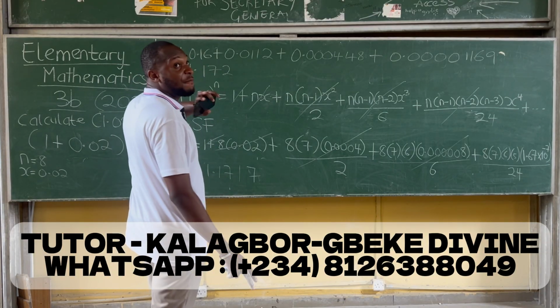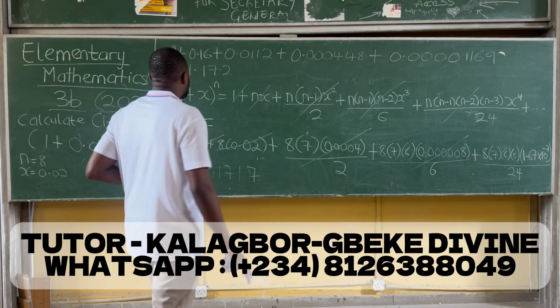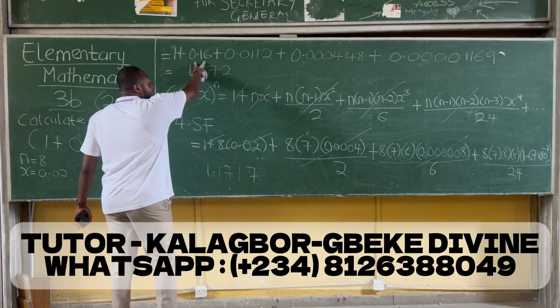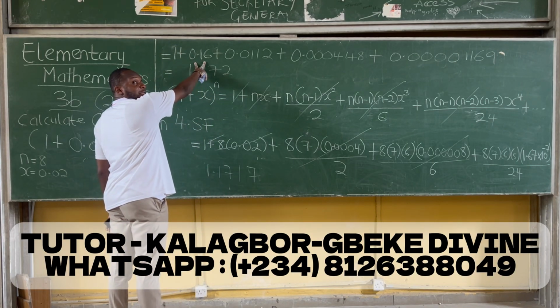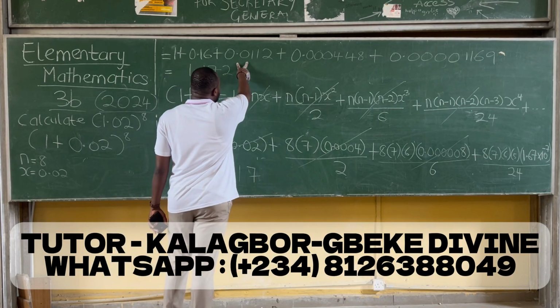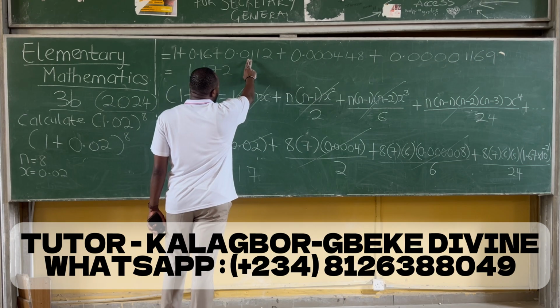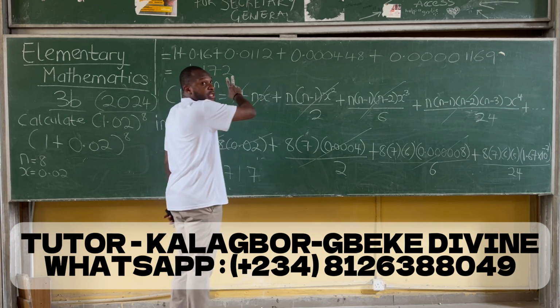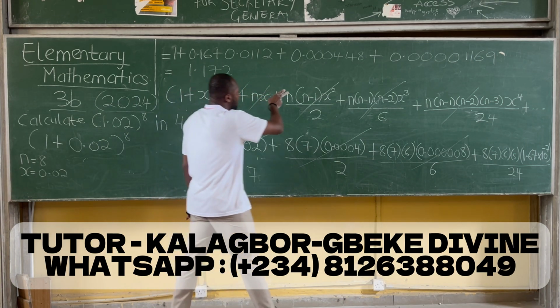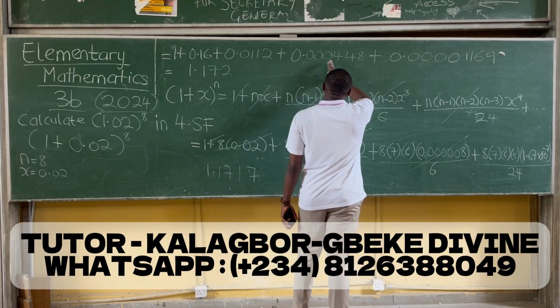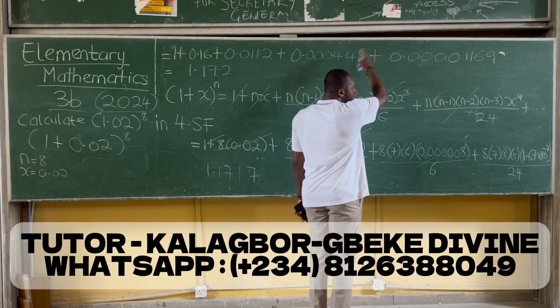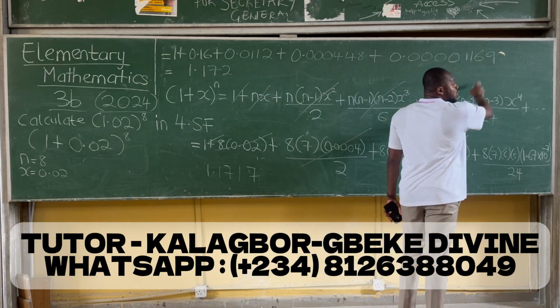You needed 4 significant figures, right? From here, I've already gotten 3 significant figures, right? This is also 3. So you proceed now. From here, you get 1, 2, 3. If there's another number, you will have stopped. You proceed. 1, 2, 3, 4. You stop.